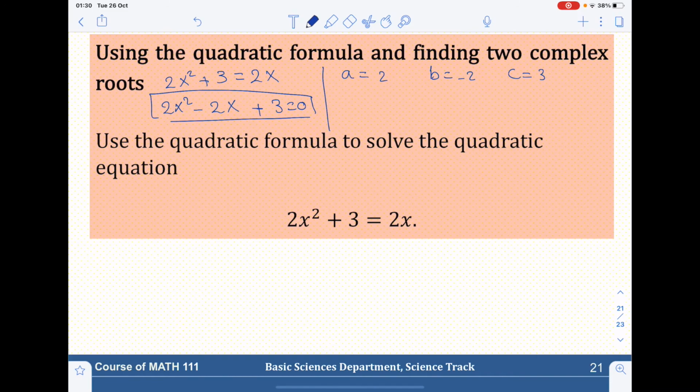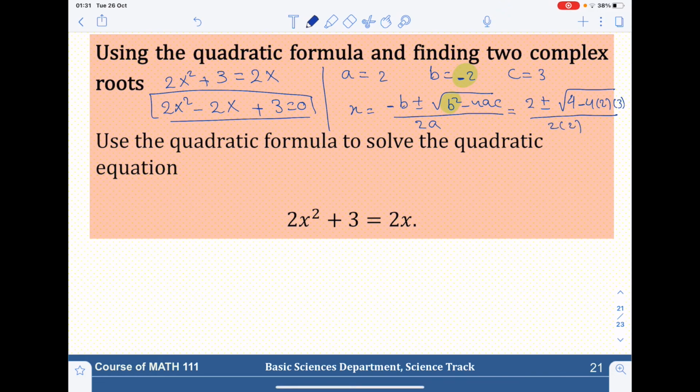So the formula says that x equals negative b plus or minus the square root of b squared minus 4ac over 2a. Let's substitute the values in the formula. Negative of negative 2 means positive, so I will have positive 2 plus or minus the square root of b squared. Negative 2 squared is 4, so 4 minus 4 times 2 times 3, over 2a, so 2 times 2.